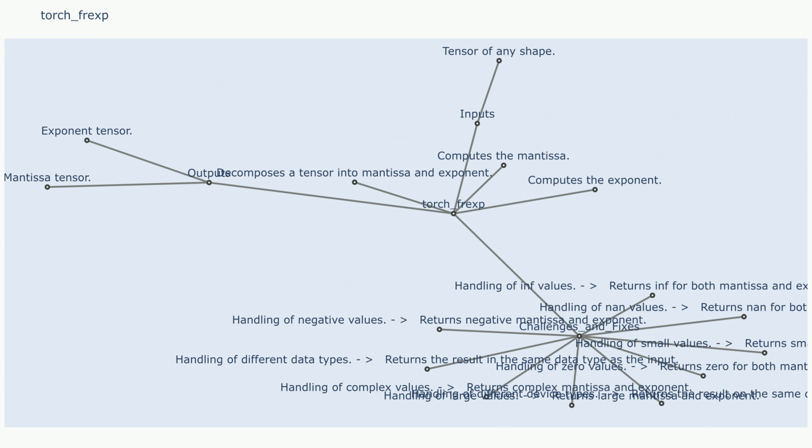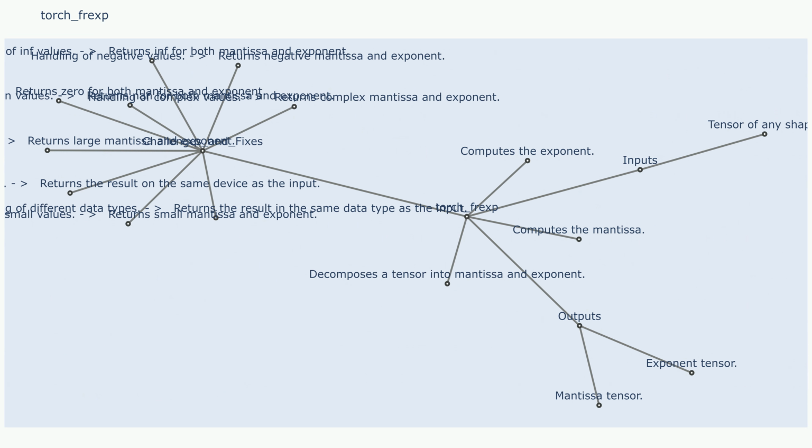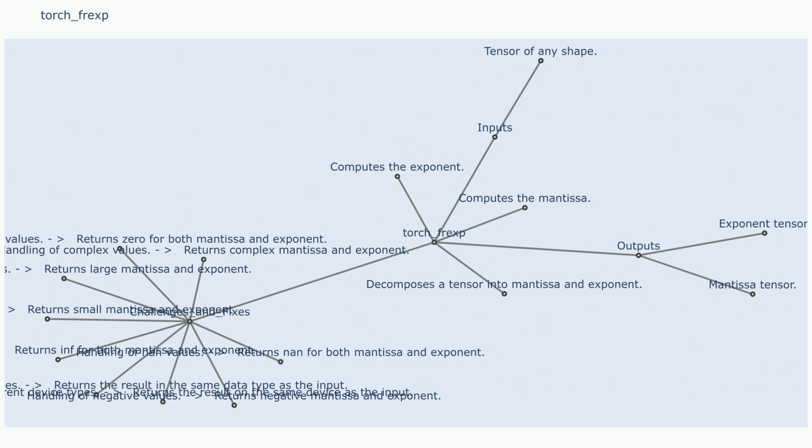It extracts the exponent component as an integer representing the power of 2. Step 2: it returns two tensors, one containing the mantissa values and the other containing the exponent values, both of the same shape as the input tensor.